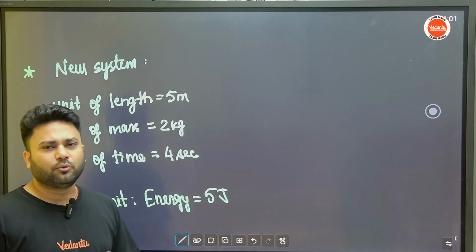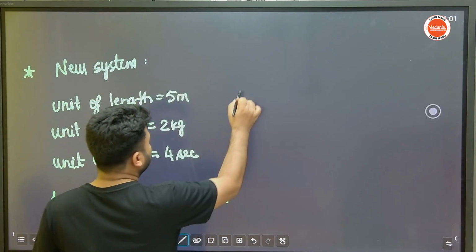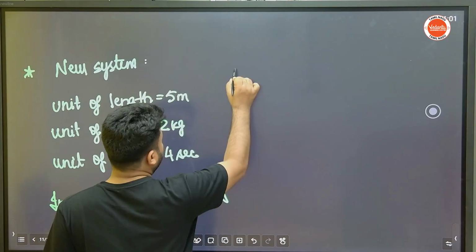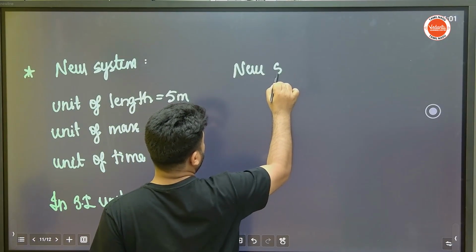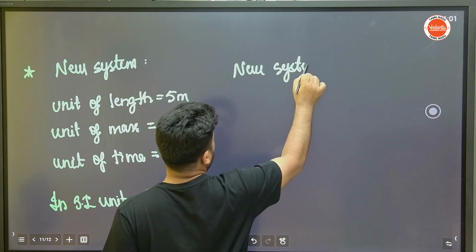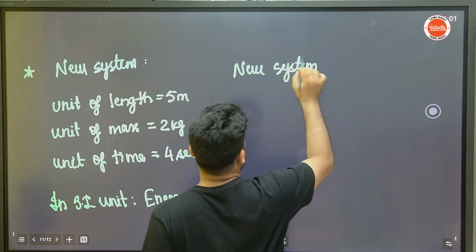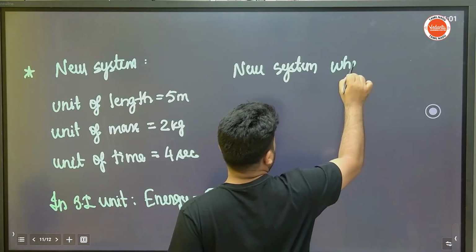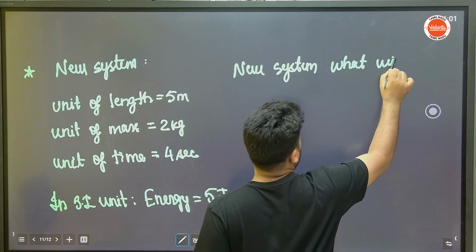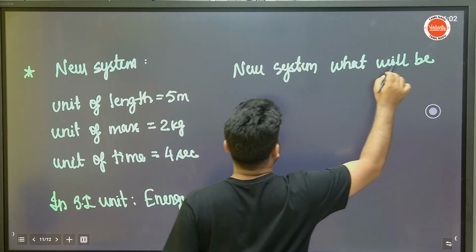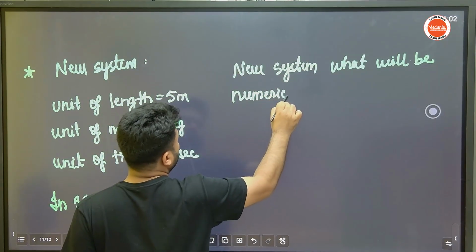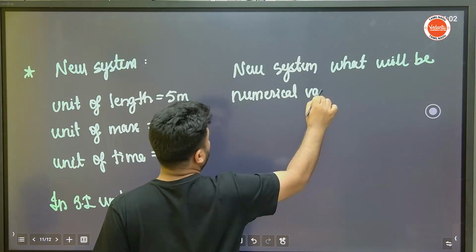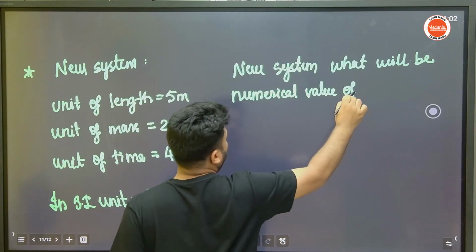So in this new system, question is, what will be the numerical value of unit?